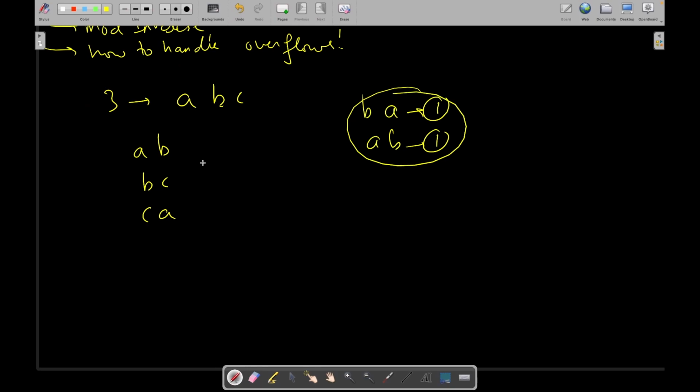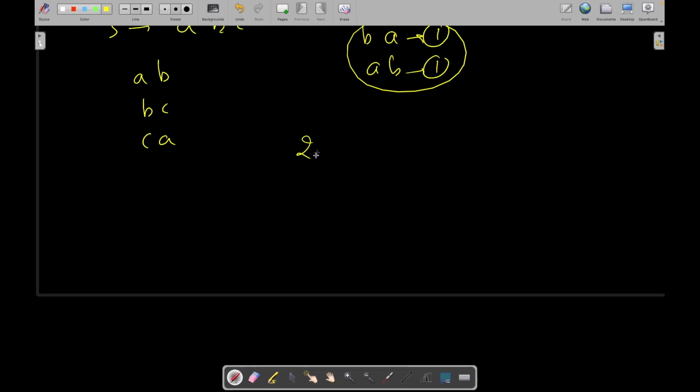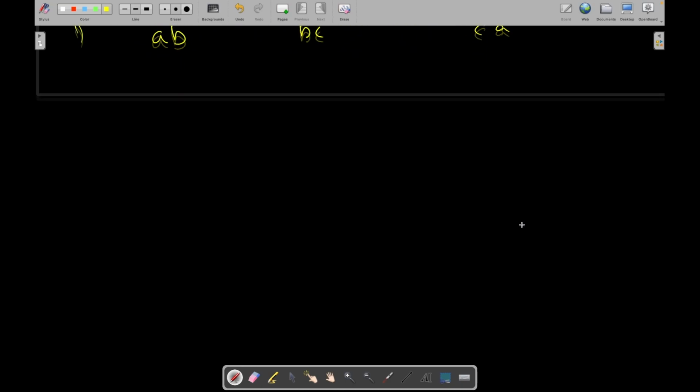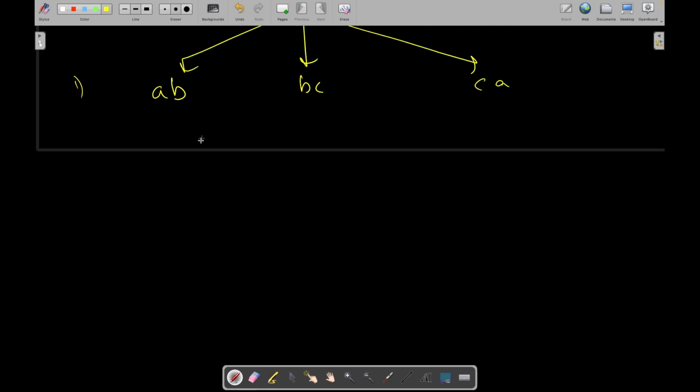Since we are going on 2 trips, in the first excursion I can either take AB, or BC, or CA, right? And for the second excursion, again I can take AB, BC or CA.